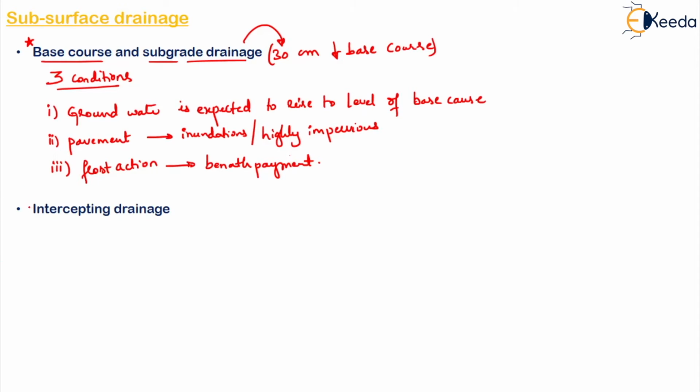Okay, next one is the intercepting drainage. At places where the subsurface water from the adjacent areas is seeping towards the airport pavement, the intercepting drainage becomes very highly desirable. So where exactly is it desirable?